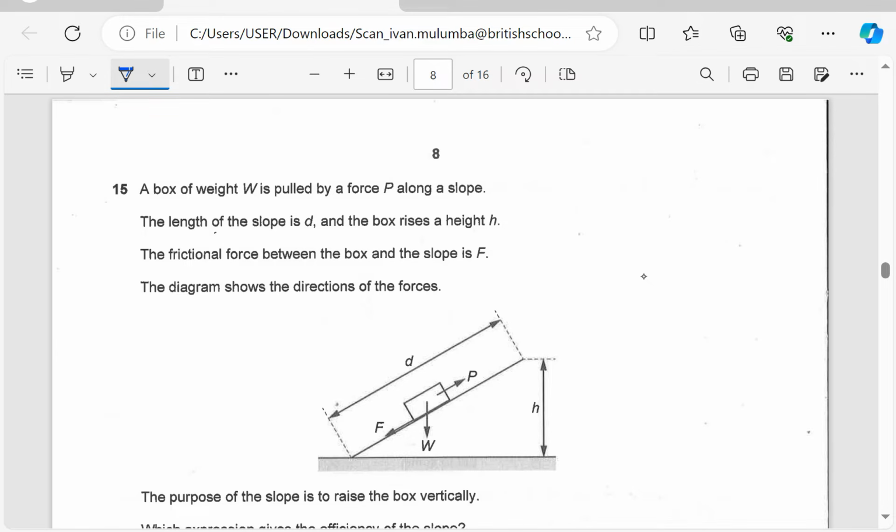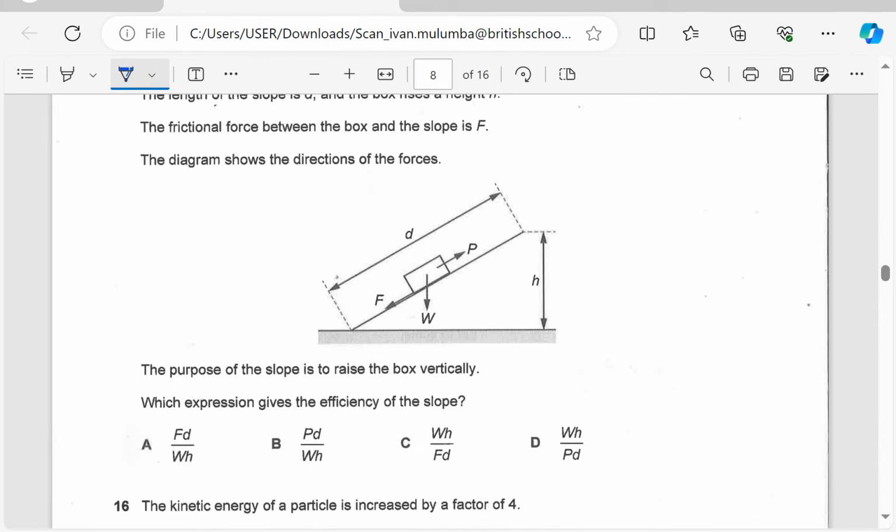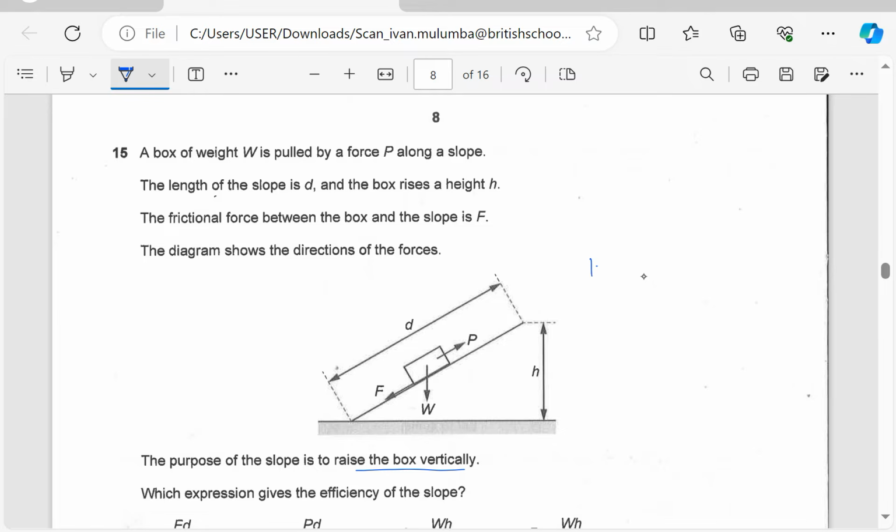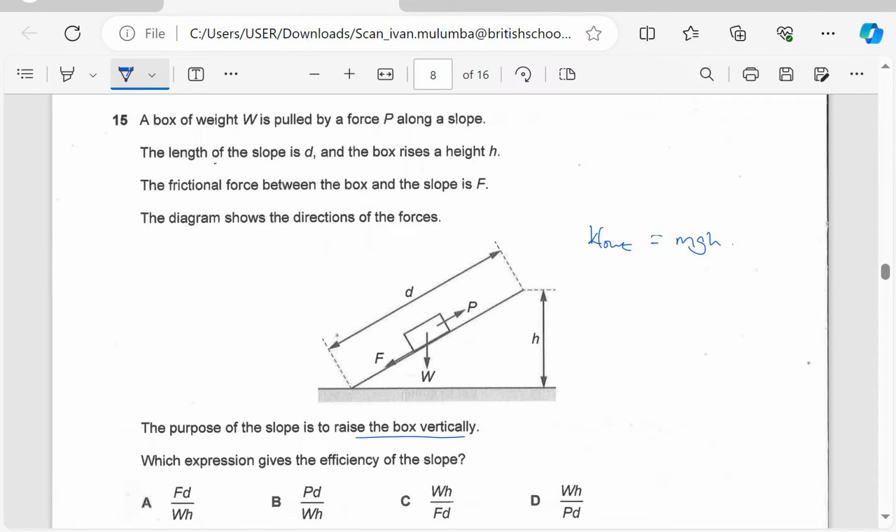Okay, so the friction force is F, the length of the slope is D, and the box raises a height H. The purpose of the slope is to raise the box vertically, so the useful work output should be equal to mgh. That is the useful work output. It is going to be the gain in gravitational potential energy. It is the useful output, which is the same as the weight times h, because the weight of the box is W. So this is the work output.